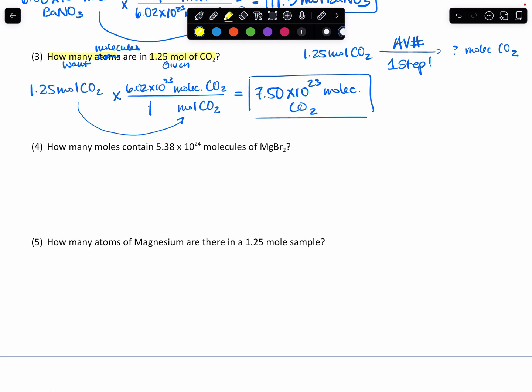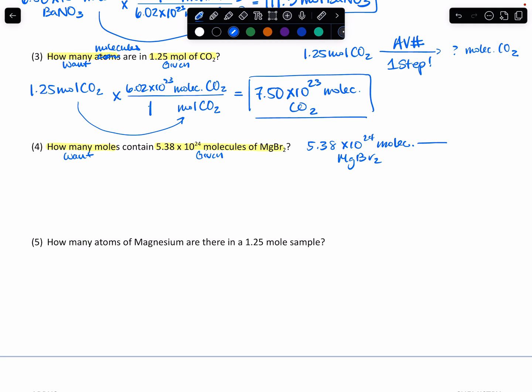All right. How many moles contain 5.38 times 10 to the 24th molecules of MgBr2? All right, so we've got our given, and we're looking for moles, right? So 5.38 times 10 to the 24th molecules of, I'm going to put MgBr2 underneath.